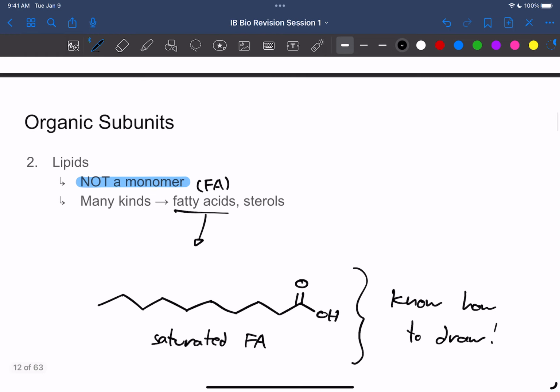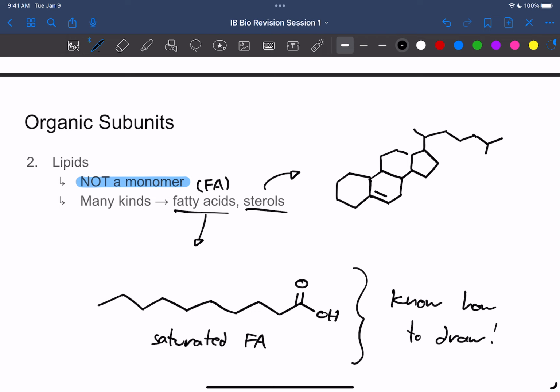And there are other types of lipids too, and just to illustrate the complexity of how some of them can be, here's cholesterol. You do not have to know how to draw this.